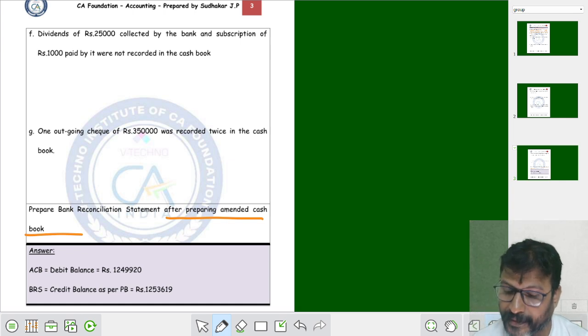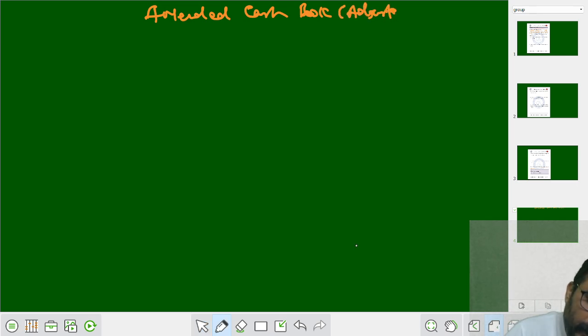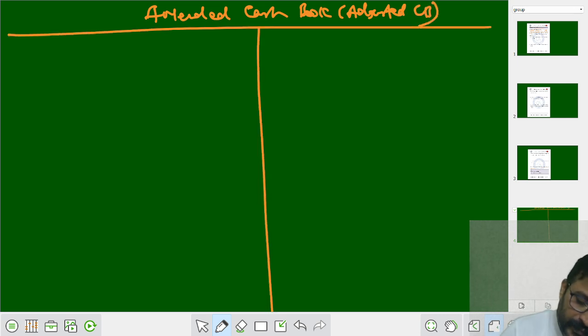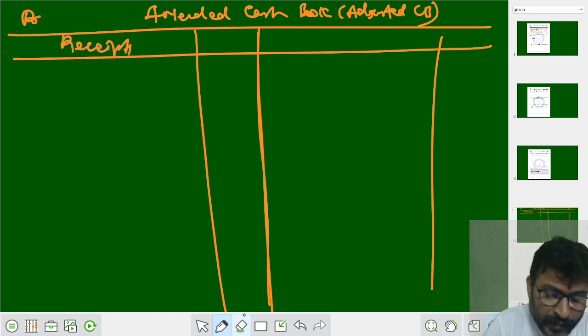So, what do we have to prepare? We have to prepare two things. One, that is the amended cash book. That is nothing but the adjusted cash book. On the receipt side, the debit side, we have receipts with amounts.